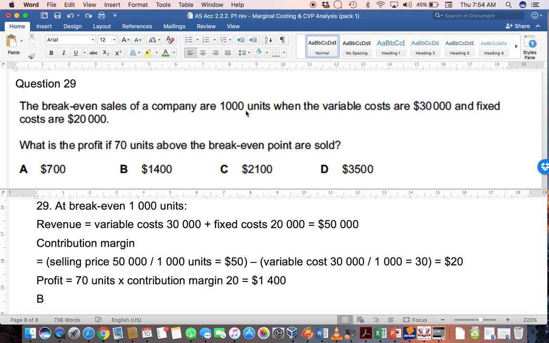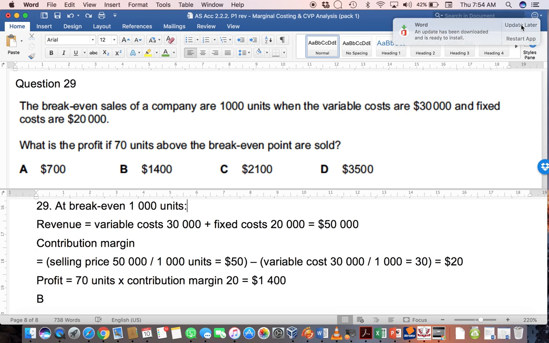At 1,000 units, the revenue is going to be $30,000 plus $20,000, because obviously at break even there's no profit and no loss, and so therefore your total sales or revenue equals your total costs, or variable plus fixed. So we can then work out that the revenue at 1,000 units is $50,000.